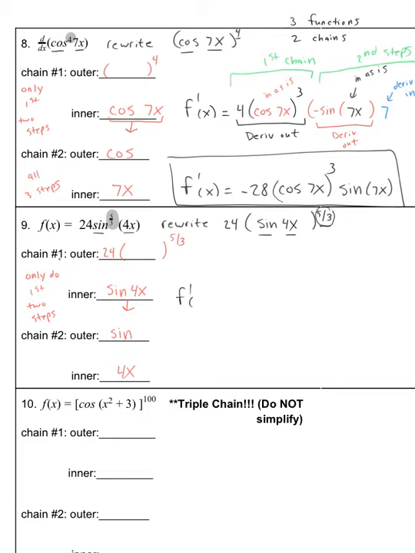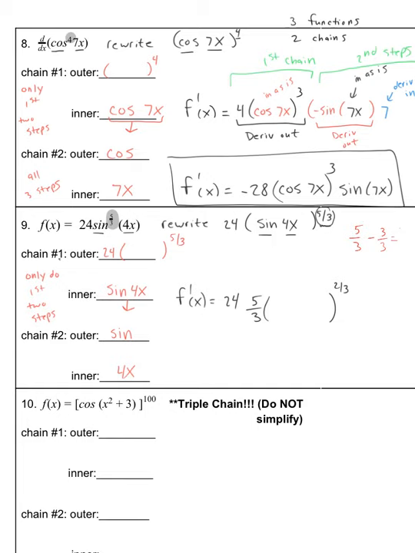So the derivative of the outer, 24 comes along for the ride. The derivative of something to the 5/3 is going to be 5/3 times something to the 2/3. All right, because if we kind of go off to the side here, 5/3 minus 1, and I'm going to write 1 as 3/3.